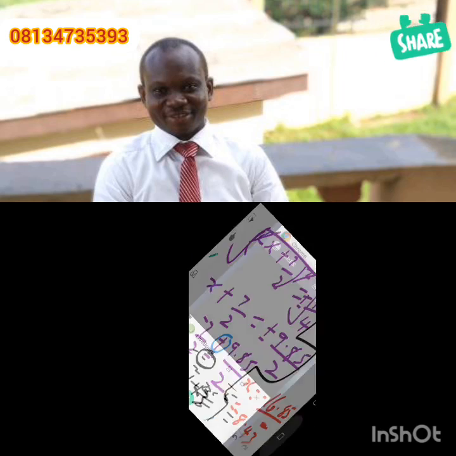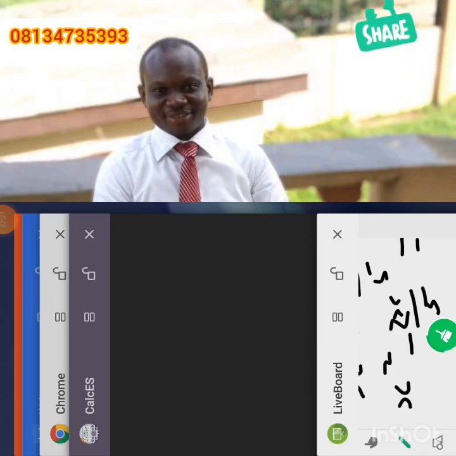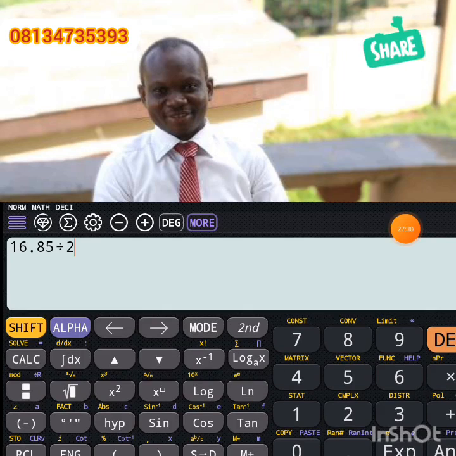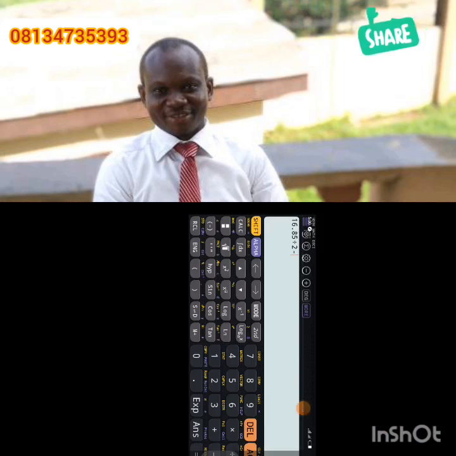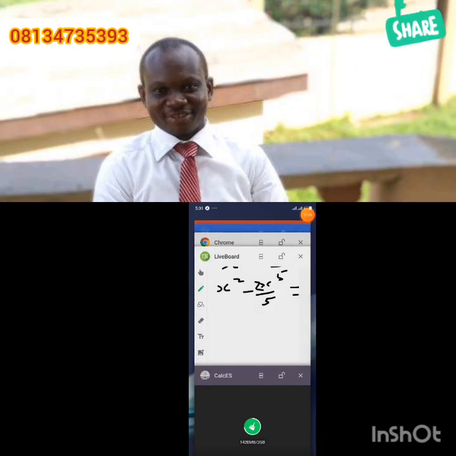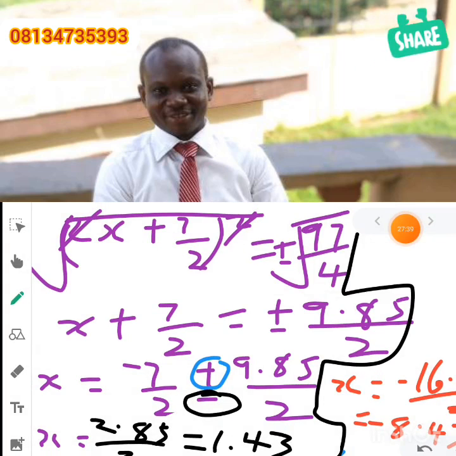I think we got that on the calculator the other time. Okay, all right. Now these are the two solutions. The first x is 1.43 when it is positive, and the second one is minus 8.43 when it is negative, our final answer.